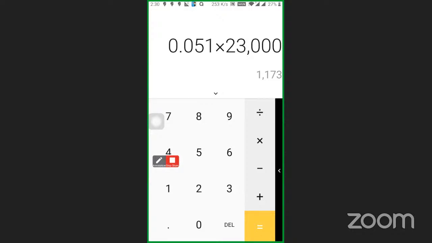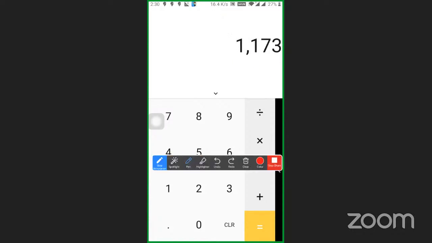So if one BTC is 23,000 in price, how much will be the value of 0.051 BTC? We need a USDT capital of 1173 USDT.